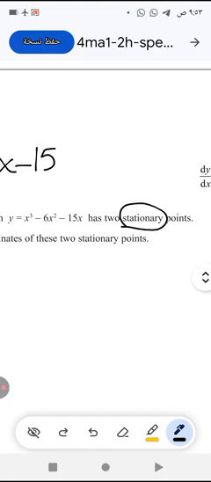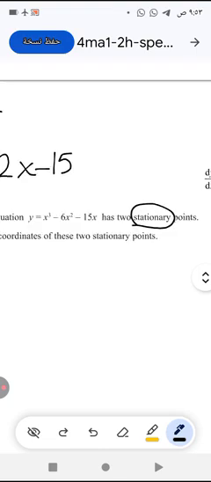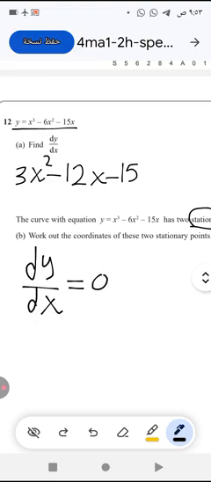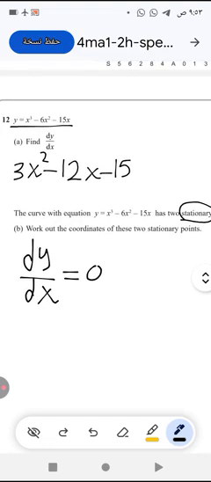This word is very, very important: stationary or turning points or maximum or minimum. That means dy over dx equals 0. This is the first step. Dy over dx equals 0. Work out the coordinates of these two stationary points.